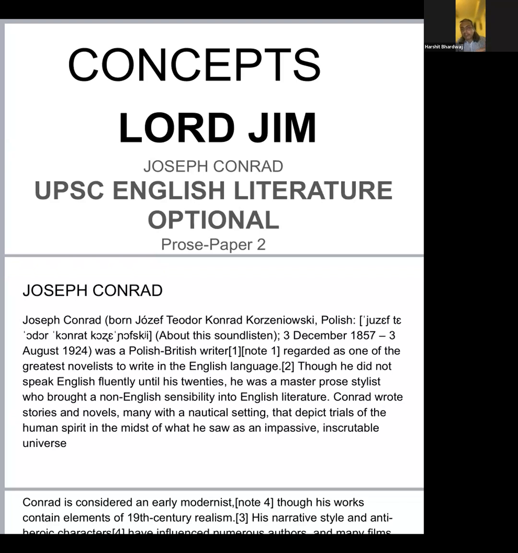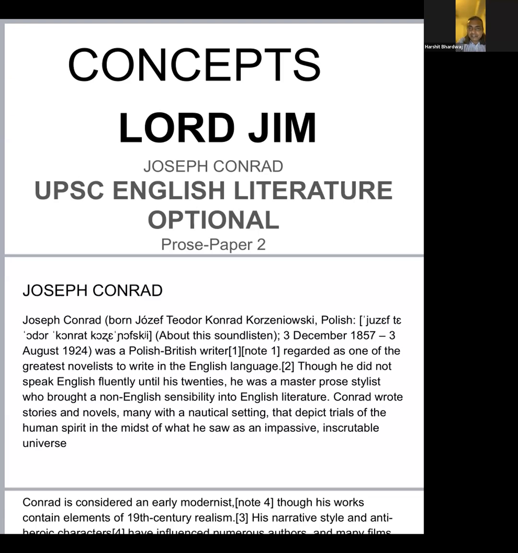And then the poetry section as well, T.S. Eliot, Auden, W.B. Yeats, and Ramanujan. Looks like the easier part, but is not. So brace yourself for some of the most complicated classics of English literature.